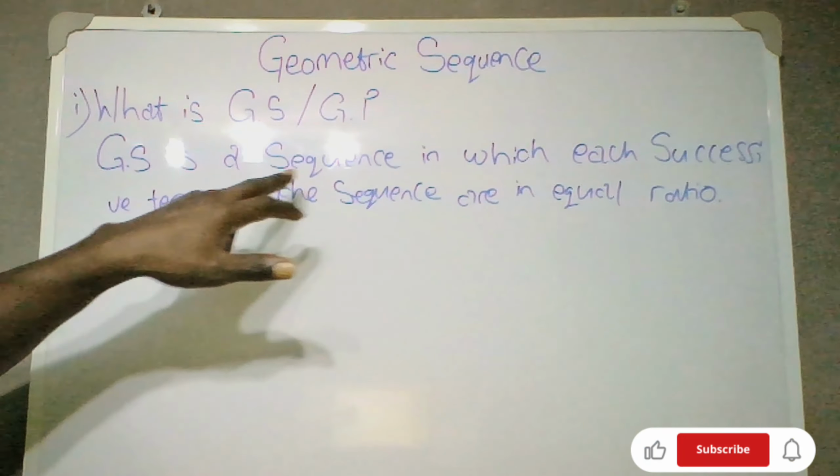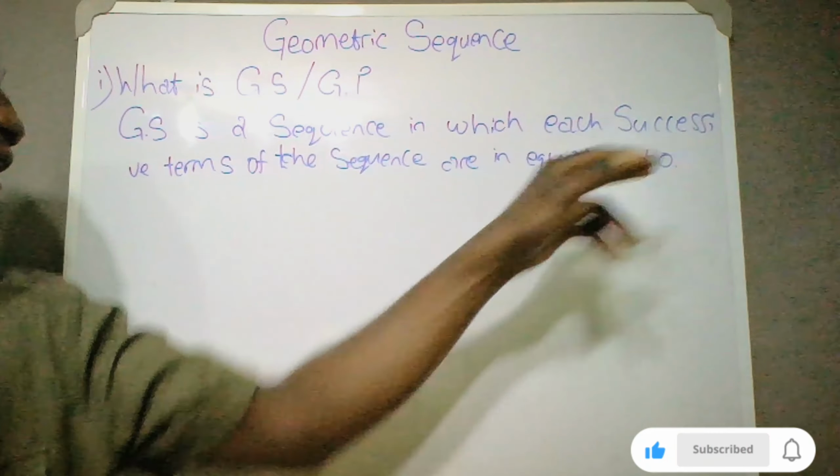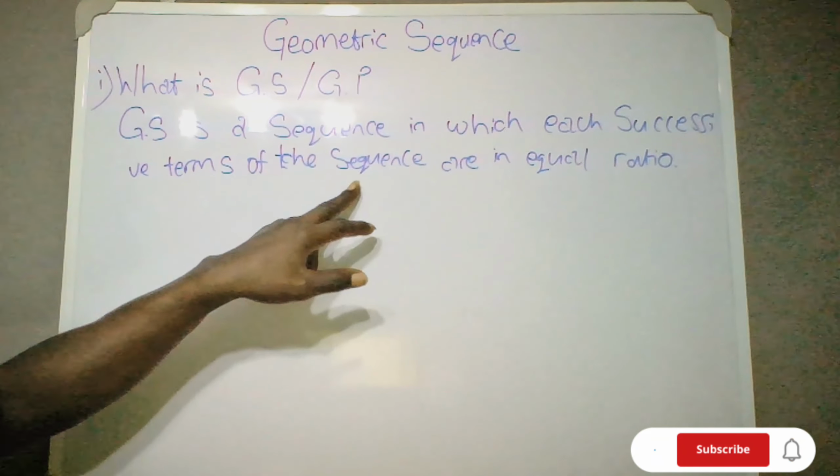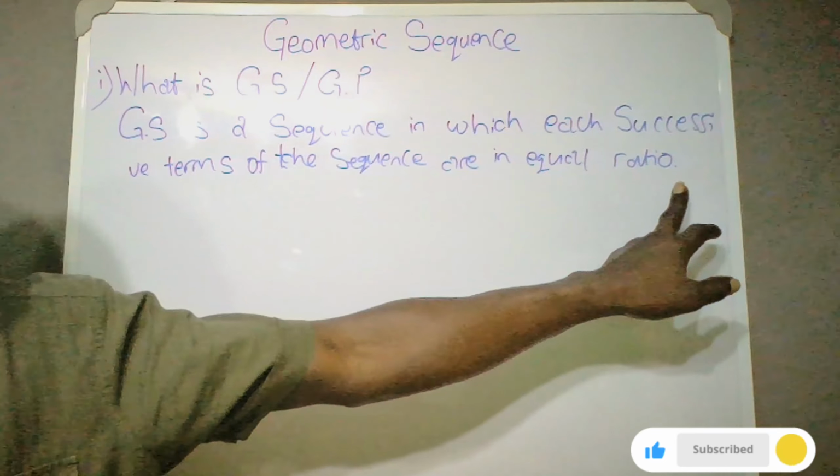Geometric sequence is a sequence in which each successive terms of the sequence are in equal ratio.